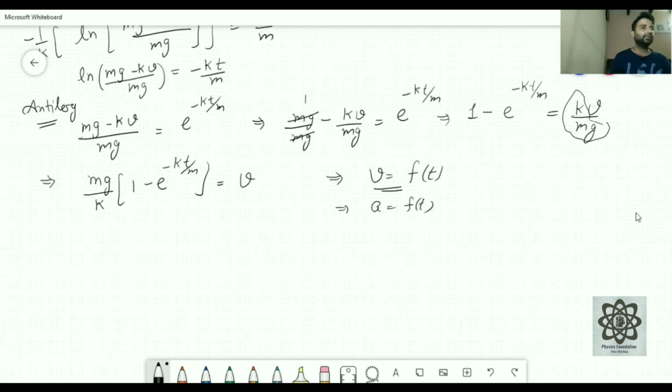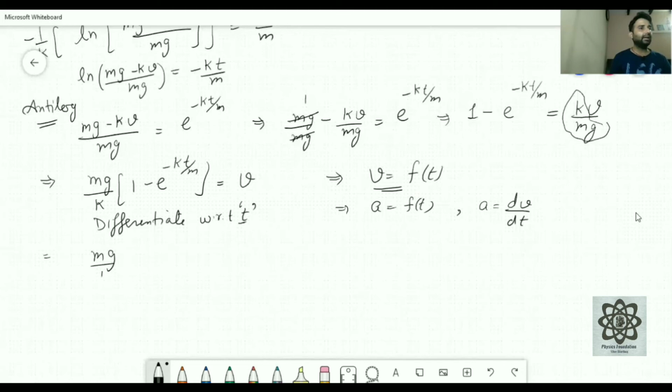What we need to do is we can just differentiate this value, right? When we differentiate it, with respect to t, right? Why t? Because acceleration is dv by dt, right? So mg by k, differentiation of 1 is 0 minus e to the power minus kt by m.